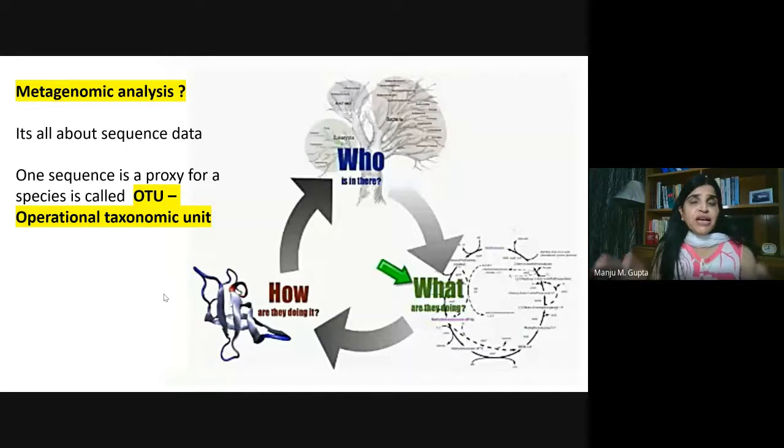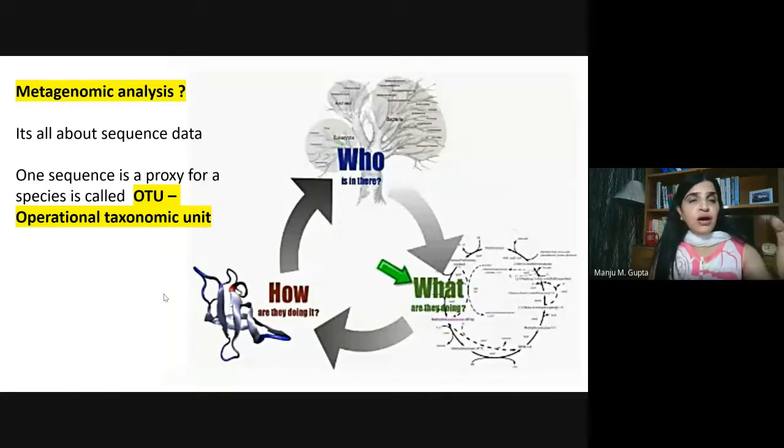And by now, in my journey, everybody knows that I'll talk only about the sequences. Microorganisms, which we observe under the microscope, have been left way behind, right? So what will I call a species? The species in molecular biology, in genomics, is the OTU, Operational Taxonomic Unit, meaning they believe one sequence refers to one species.